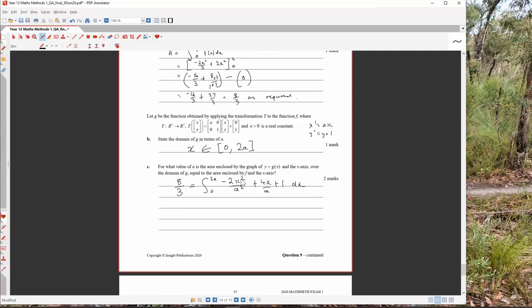All right, so what should happen is when we integrate this and slot a in, out will pop a value of a that's going to be the dilation factor that will produce the same area. Let's see how we go. So we've got 8 on 3 equals an antiderivative of this, which will be negative 2x cubed over 3a squared plus 2x squared over a plus x, slot in 2a and 0.